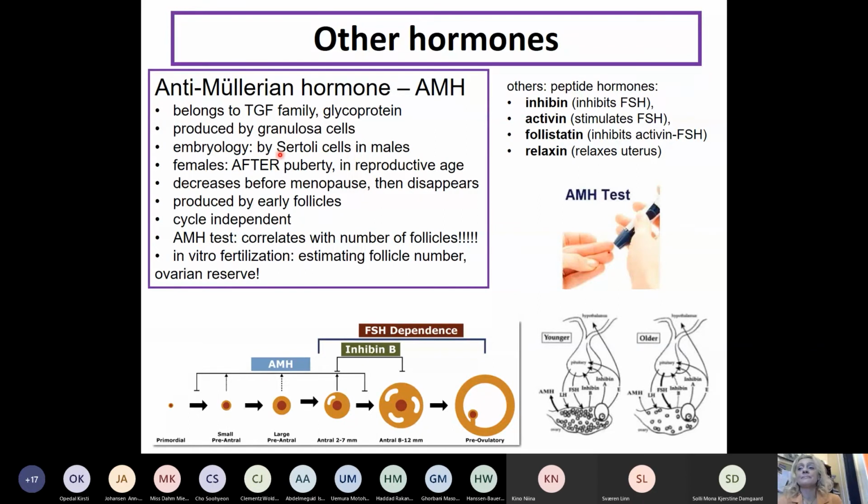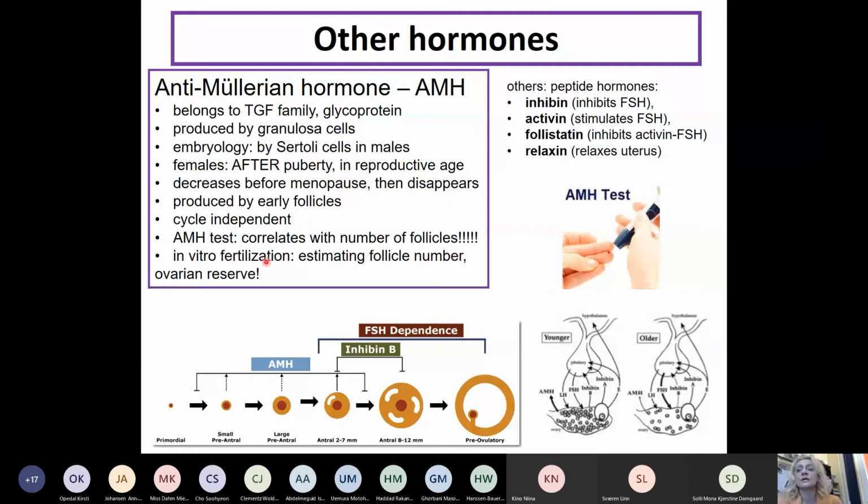And in females, it's present mainly after puberty, in reproductive age, and it decreases sharply before menopause, and then almost completely disappears, because it's produced by the follicles, and it correlates with the number of follicles.